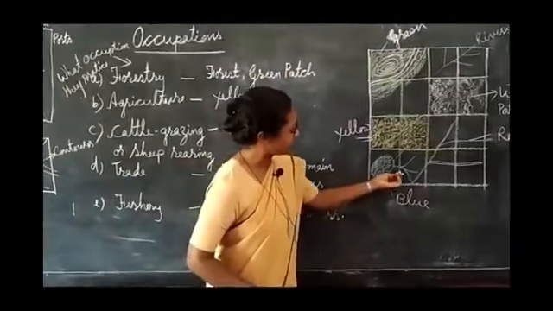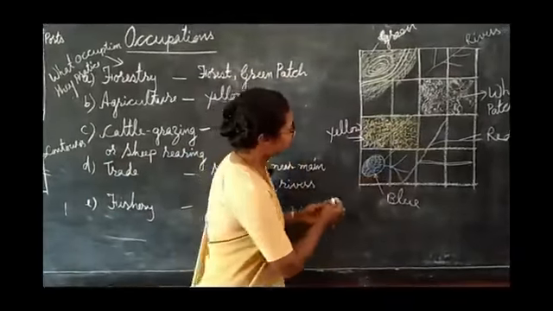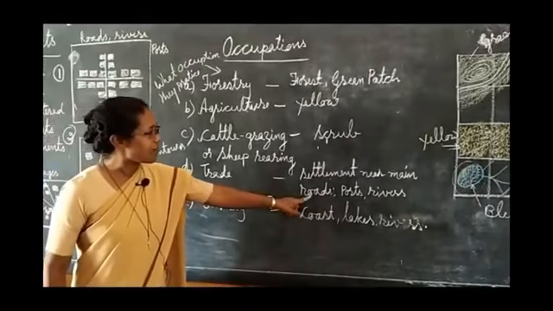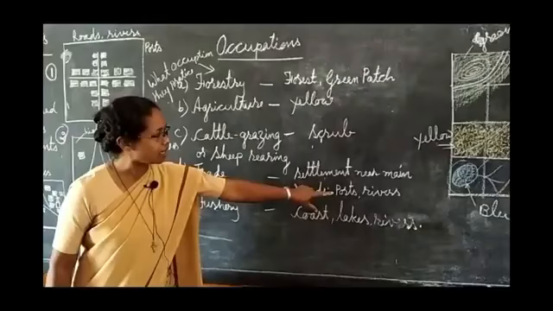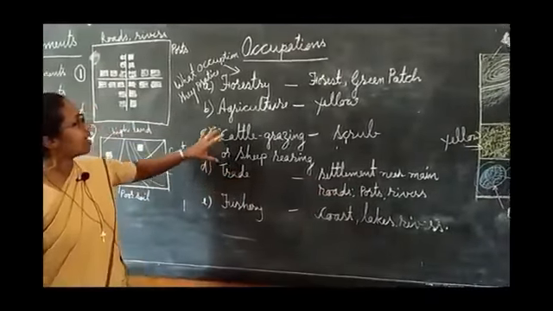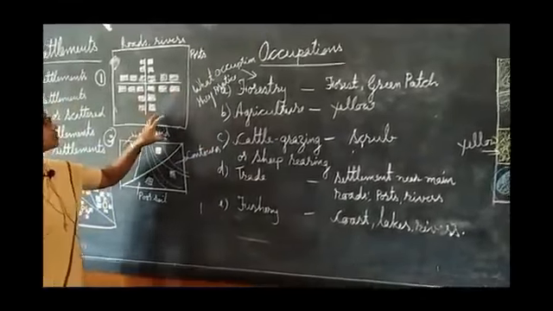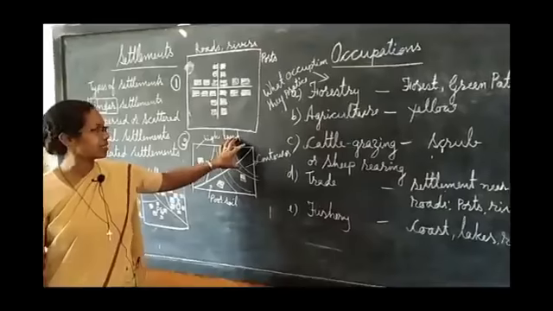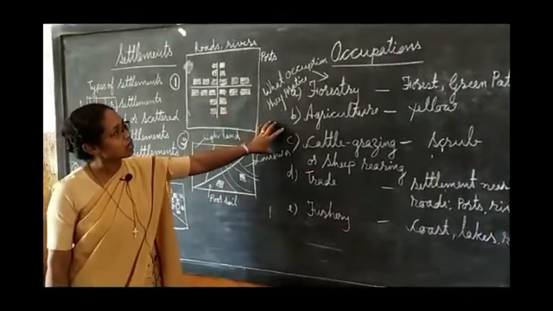Beside these rivers or tanks, where people are settled, their occupation will be fishery, and those who are settled near the main roads or rivers have trade or business. So these are the occupations that they practice in the different areas where they are settled.